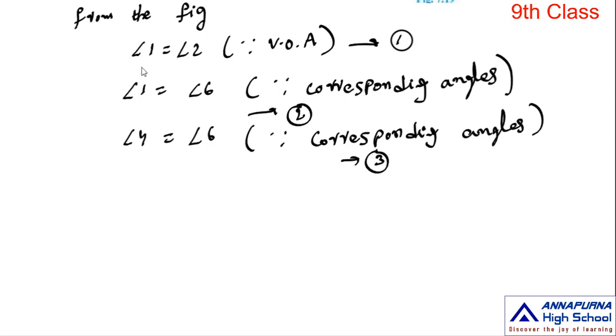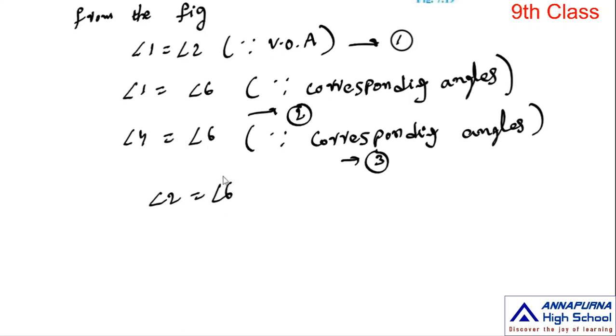Observe equation 1 and equation 2. Angle 1 equals angle 2 and angle 1 equals angle 6. The left hand side angles are the same, so the right hand side angles are equal. So angle 2 equals angle 6.